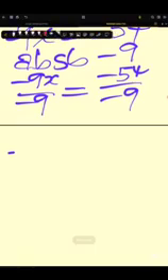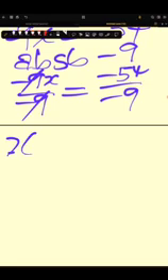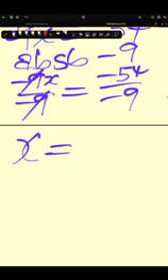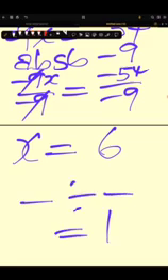We cancel, and we then have x is equal to 6, because in mathematics, minus divided by minus will always be plus. So minus 54 divided by minus 9 will give us plus 6. That is how we arrived at the 6 in the answer.